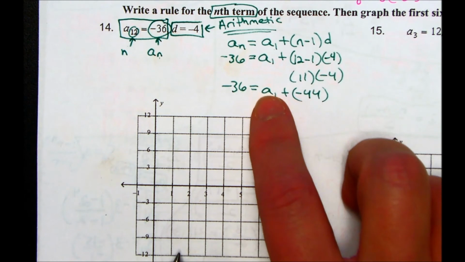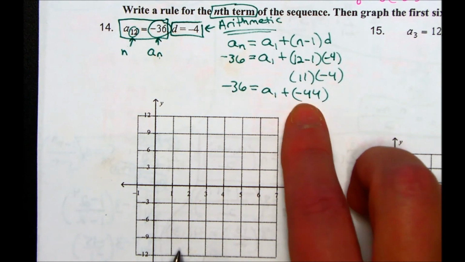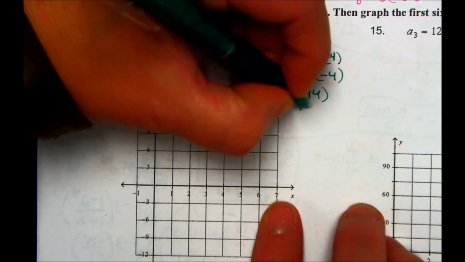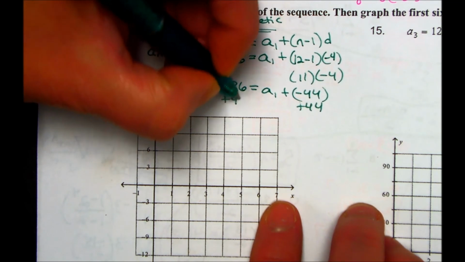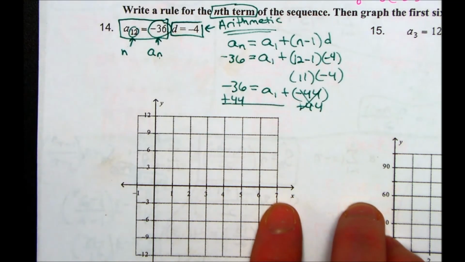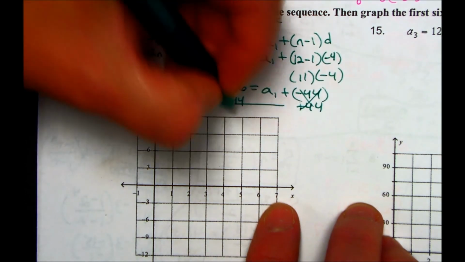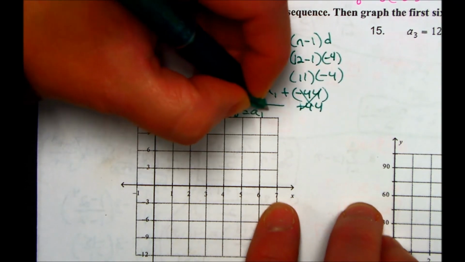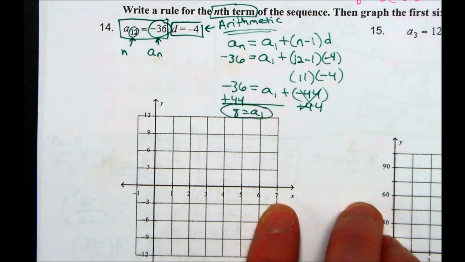So the a sub 1 is being added to the negative 44, so that negative 44 has to be added then to cancel it out. And we get a positive, I think it's 8, yeah, 8. So a sub 1 equals 8.